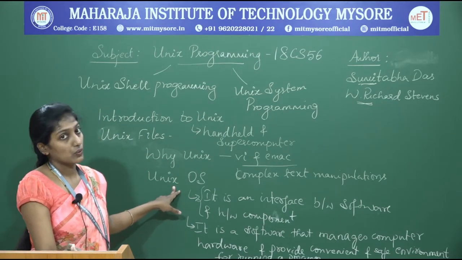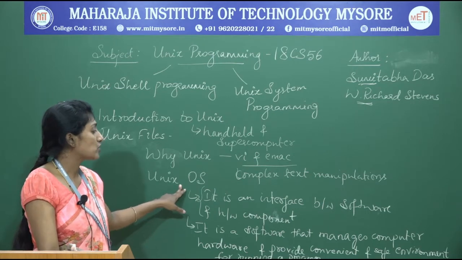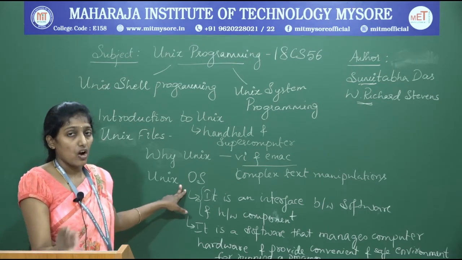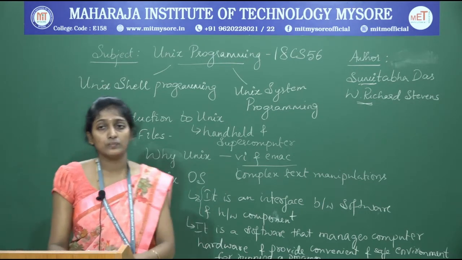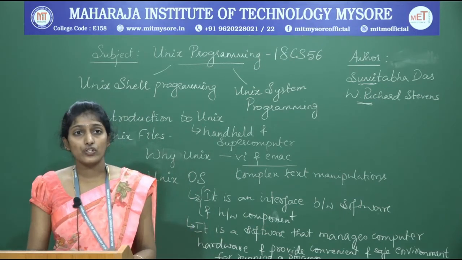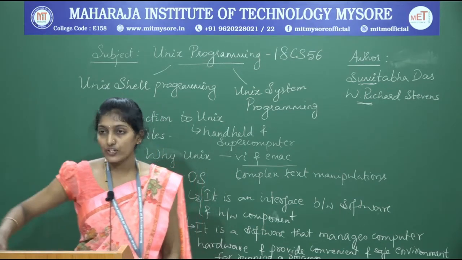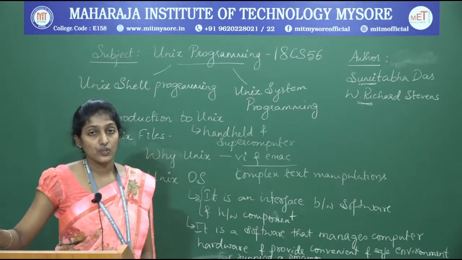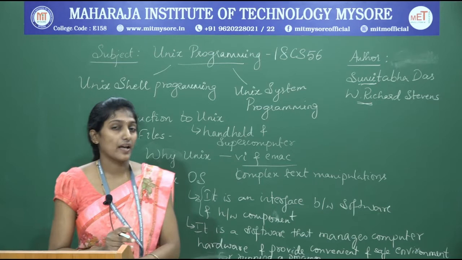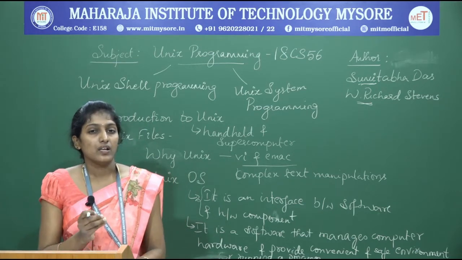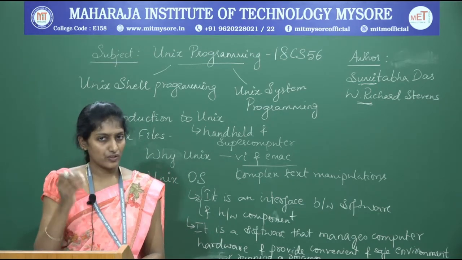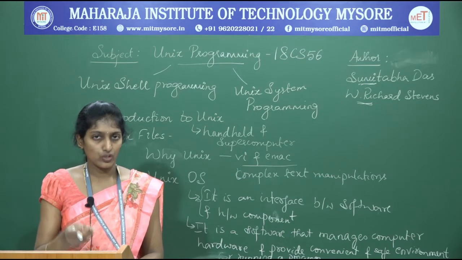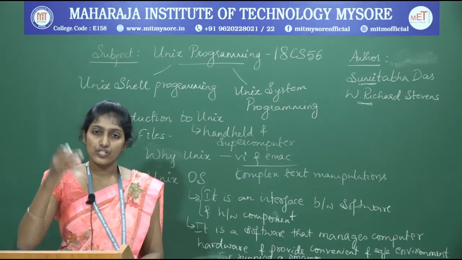Next, what do we mean by an operating system itself? If I want to execute any program within a system, you write a program, edit it, and a few instructions will be there.